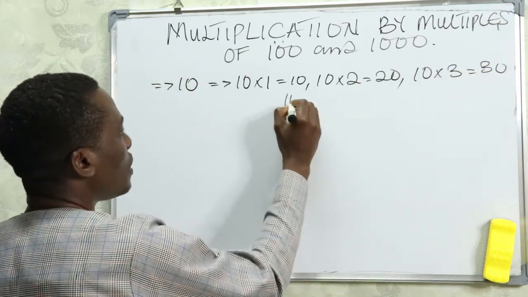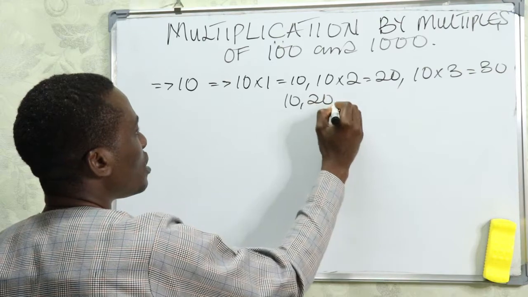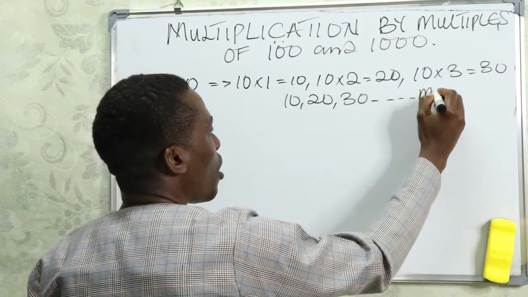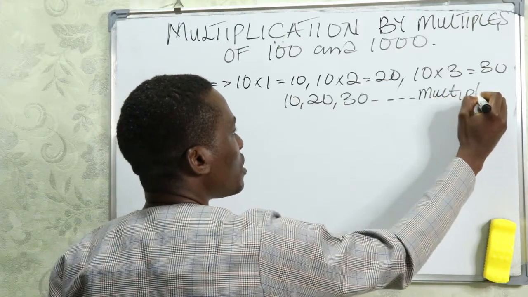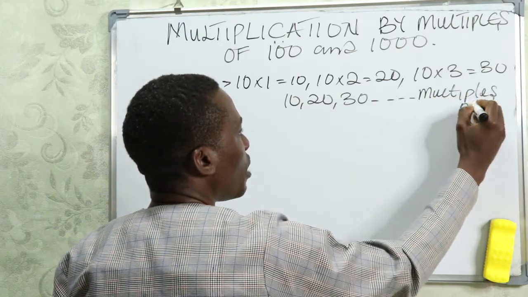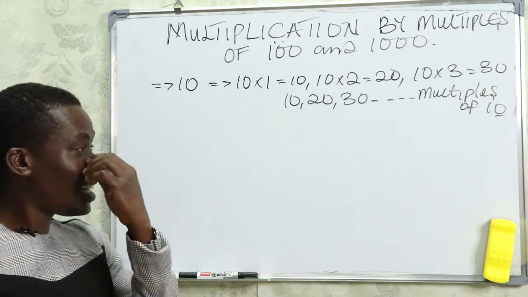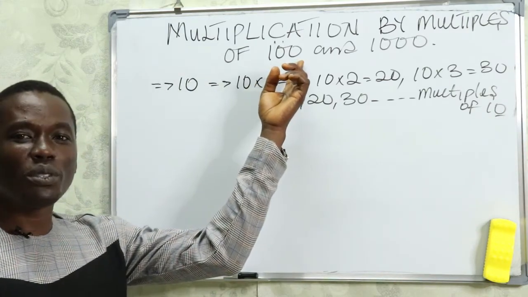So 10, 20, 30 and continuously are multiples of 10.